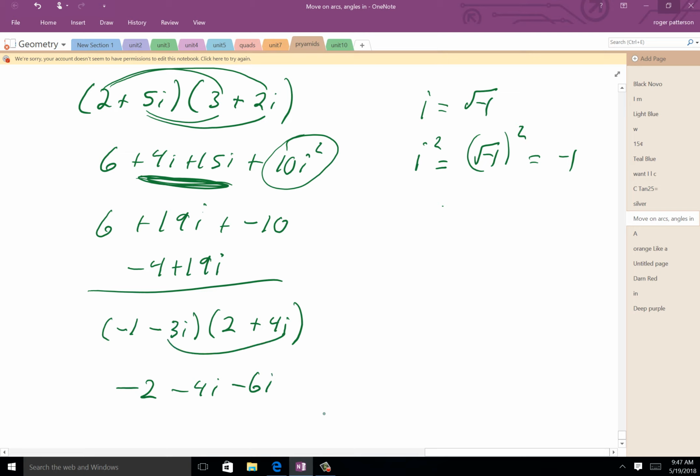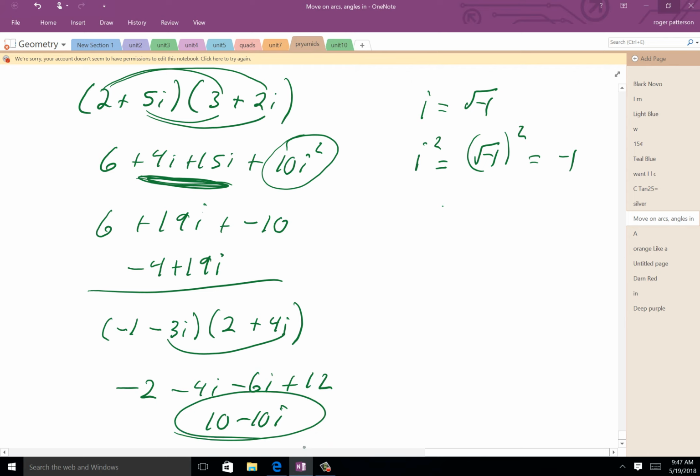When I do this last one, that's going to be a negative 12i squared. But what's it really going to be? It's going to be a positive 12, because i squared is negative 1. And now I just finish it. There it is. It's done.